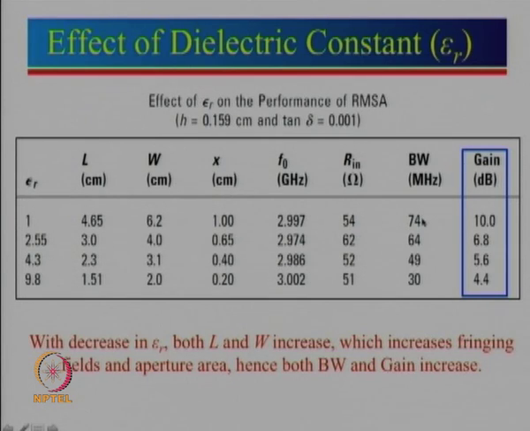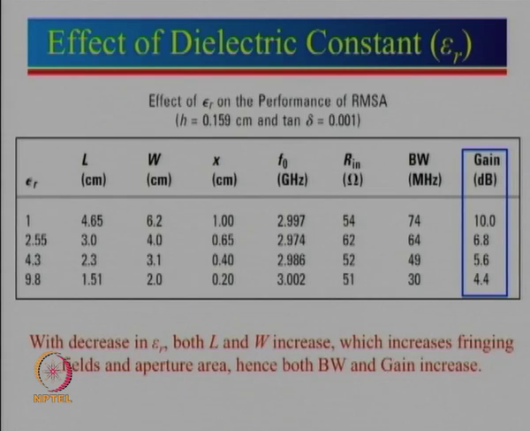Now the only problem is, how do you have a metallic plate suspended in air? So we will see the techniques for how to make that metallic plate suspended. In fact, many times we use metallic posts to support that particular antenna. But just to see here, with a general decrease in epsilon r, both L and W increase, and because both L and W are increasing, that increases the fringing field as well as the aperture area.